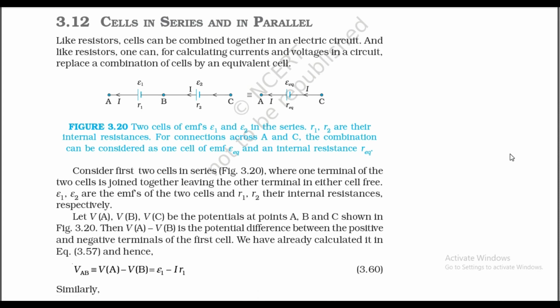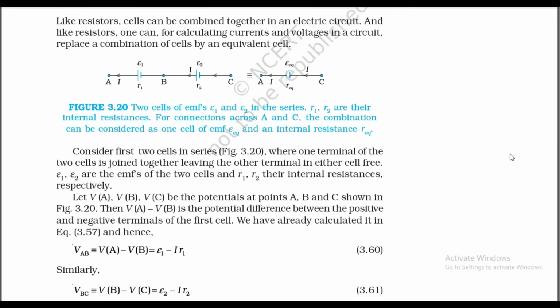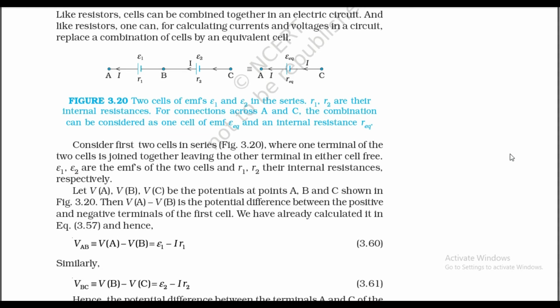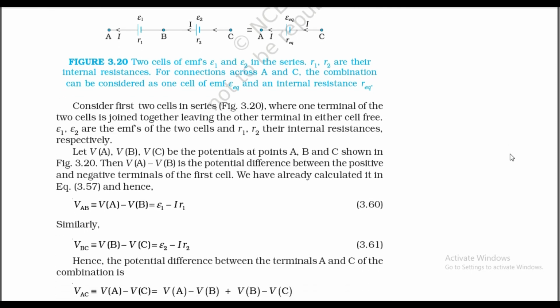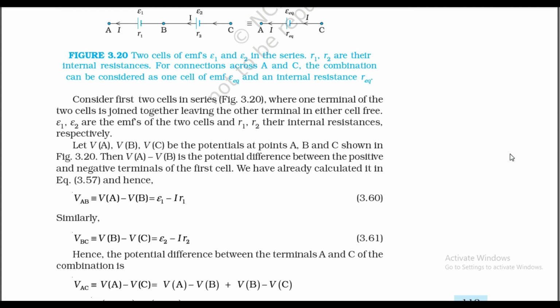Consider first two cells in series where one terminal of the two cells is joined together, leaving the other terminal in either cell free. Epsilon 1 and epsilon 2 are the EMF of the two cells and r1, r2 their internal resistance respectively. Let VA, VB, VC be the potential at points A, B and C shown in figure 3.20.